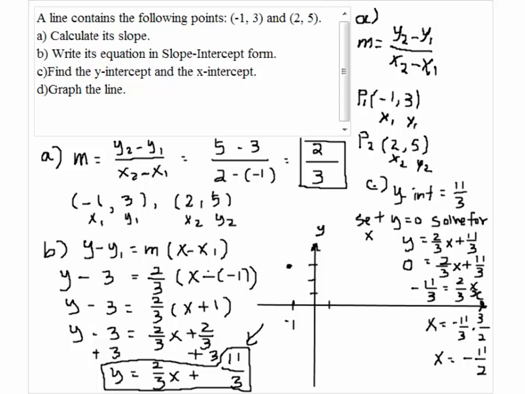Then for the other point, we go over by 2 and go up by 5. Finally, we connect these 2 dots and extend the line, and we have the line of the equation.